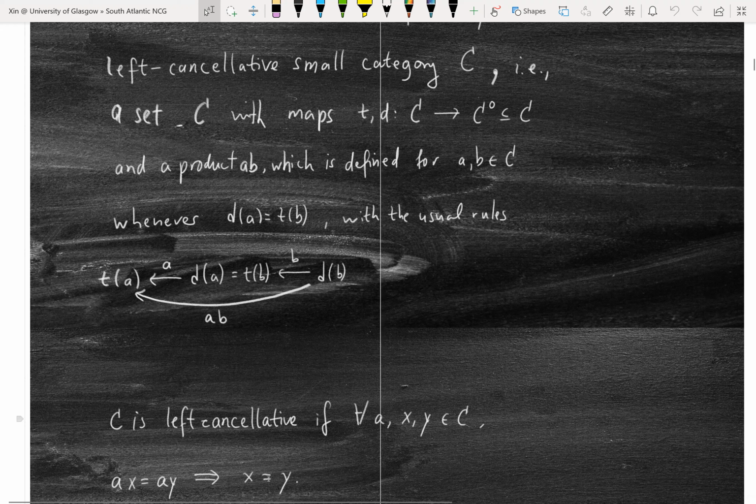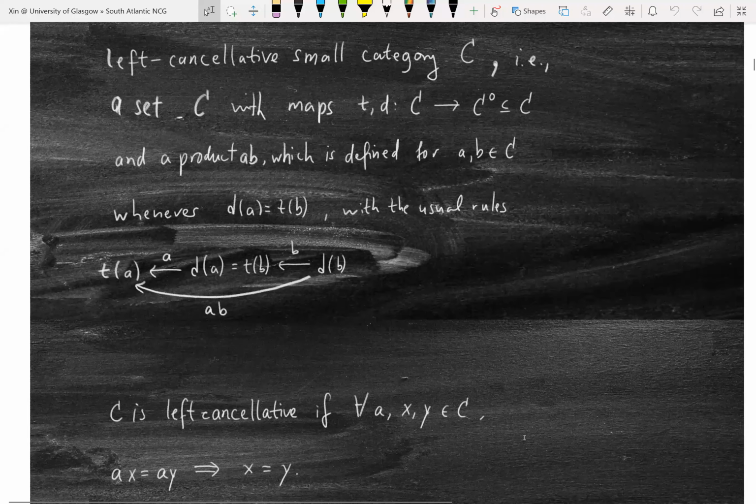Of course this condition is to be understood only if the products make sense, so if the targets of x and y match up with the domain of a. So very roughly speaking, it means that left multiplication is in a sense an injective map.